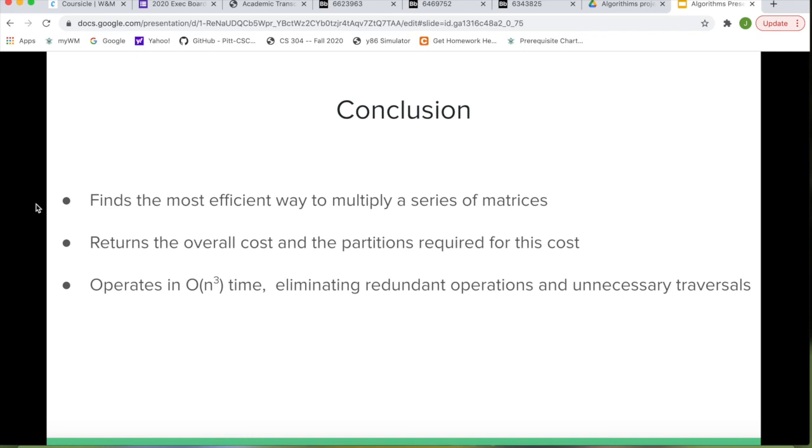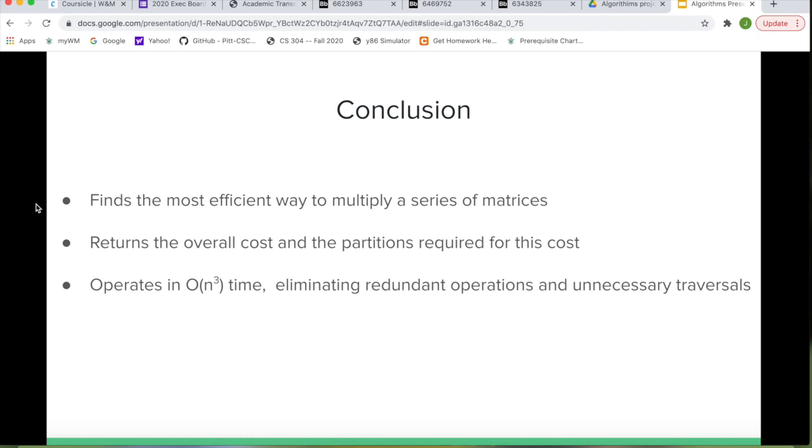This algorithm is going to return your overall cost, which again is that upper rightmost cell in your matrix M, which stores costs per calculation, as well as the partitions required for cost, which could be returned very simply in a list that's found by backtracing through your matrix S, starting at the upper rightmost corner and working back through the multiple partitions required.